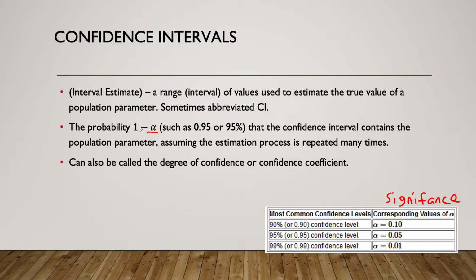The probability 1 minus alpha, alpha being the significance level, such as 0.95 or 95%, is the probability that the confidence interval contains the population parameter, assuming the estimation process is repeated many times. It can also be called the degree of confidence or confidence coefficient, and we typically could have confidence levels of 90, 95, or 99%, and the corresponding value of alpha, again the significance level, of 0.10, 0.05, and 0.01.